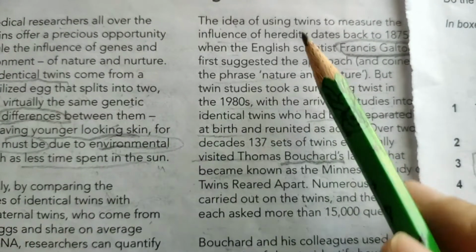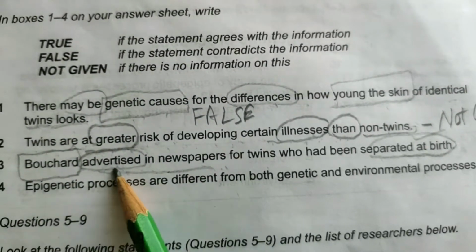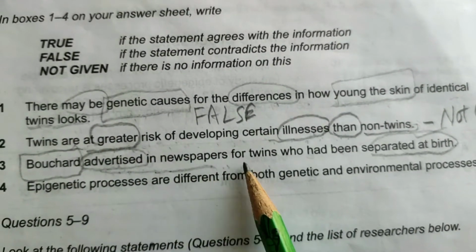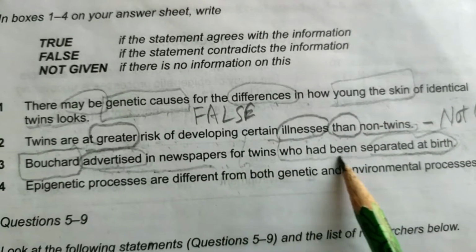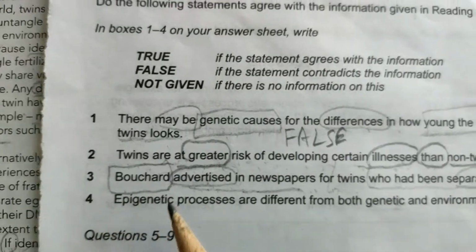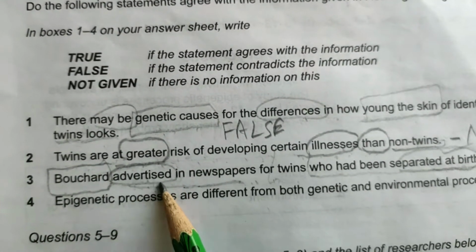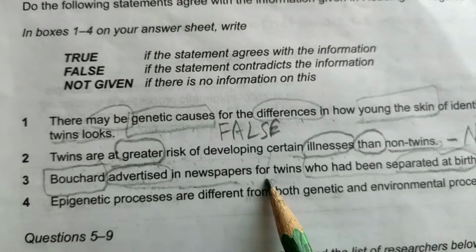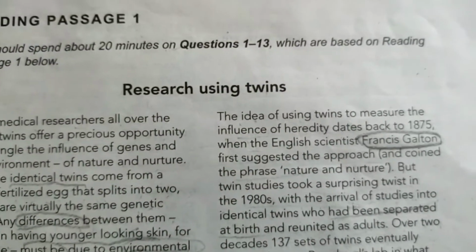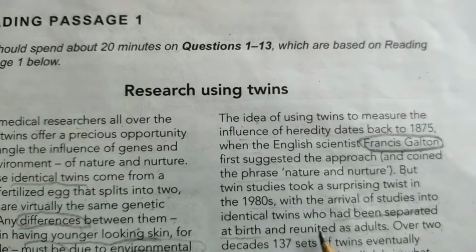Here we have gone through the full paragraph, but there is no information about advertised in newspapers. We got twins who had been separated, and this also. But the main thing is missing in the paragraph. He had not advertised in newspapers for twins. Here the paragraph is saying reunited as adults.